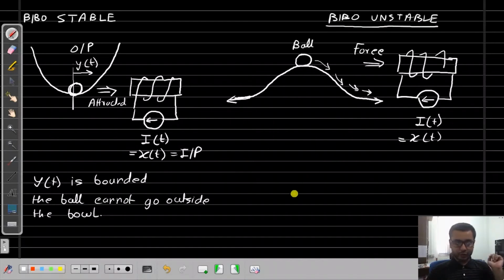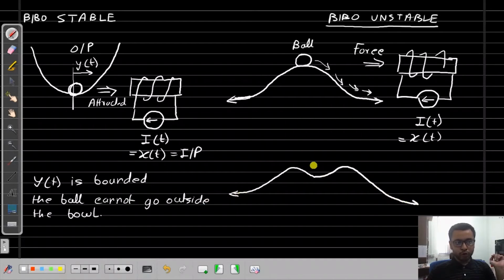Let me ask you a very interesting question. Suppose you have a bowl which is like this. It has a small valley at the top and then it goes down like this.